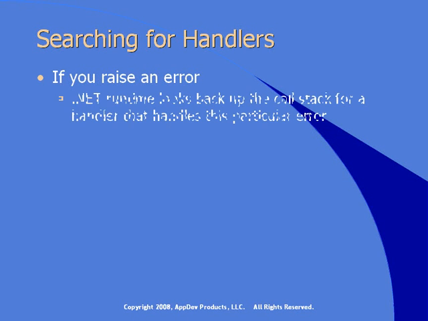If you raise an exception, the .NET Runtime looks back up the call stack for a handler that handles this particular error. That is, if you raise it from within your own catch blocks. If you raise it from a try block, the .NET Runtime looks in the current procedure for an exception handler, and then, if it doesn't find one, looks back up the call stack.